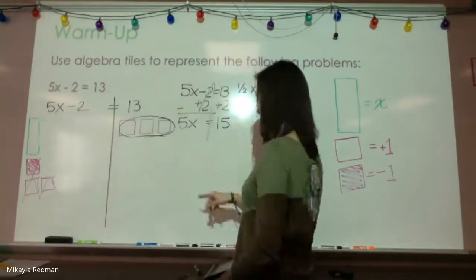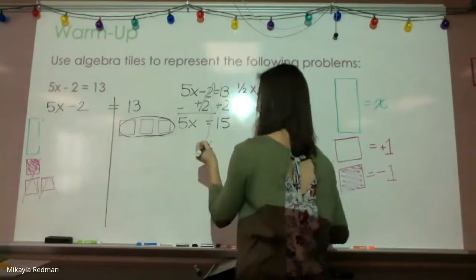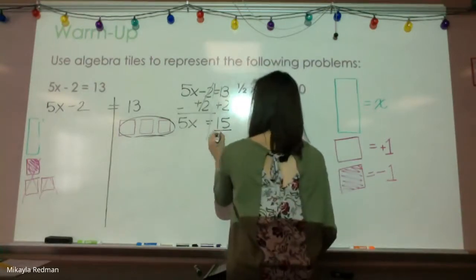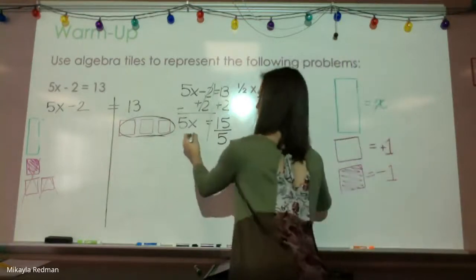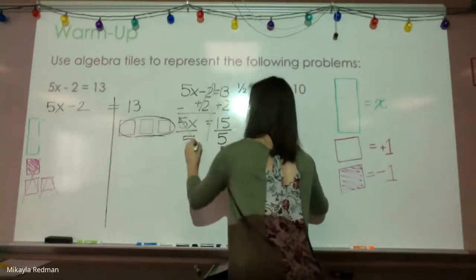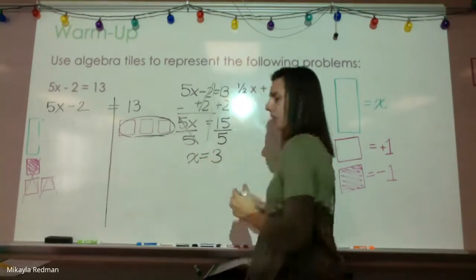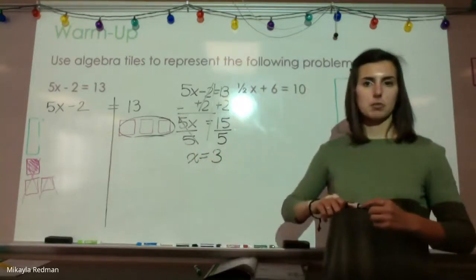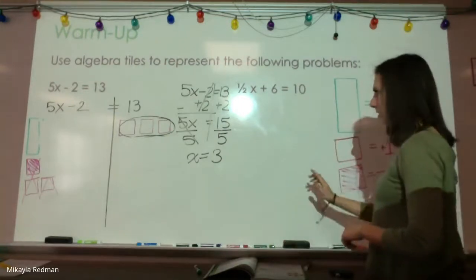So I'm left with x is equal to 3. And what we really did here is we took that 15 and divided it into 5 groups. And what we're left with is one group of 3. So x is equal to 3. Okay, so there's one example.